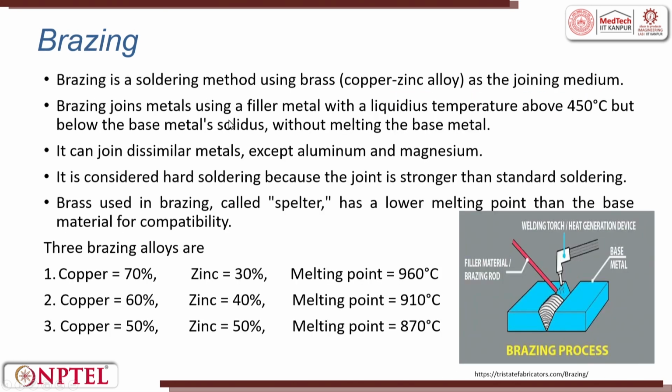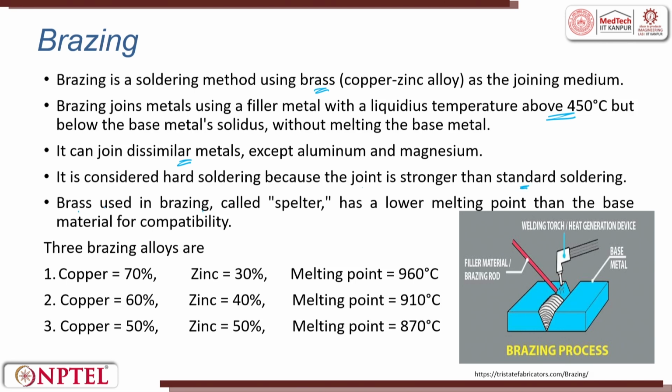Soldering is at a lower temperature, brazing is at a higher temperature. Brazing is a soldering method using brass as the joining media. Here the temperature is above 450 degrees Celsius. Dissimilar metals can be joined. It is considered a hard solder because the joint is stronger than the normal material.